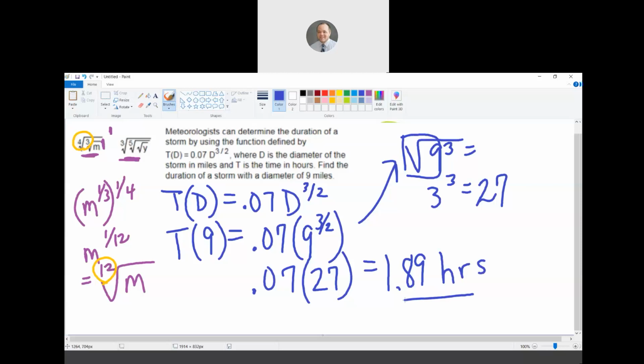And that makes sense. If the diameter is 9 miles, that's quite a big storm. So it's going to take a minute for it to blow over.